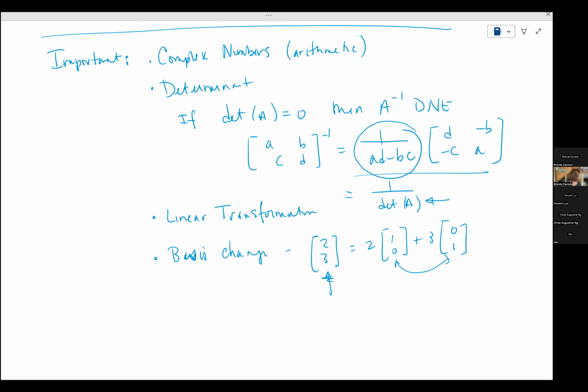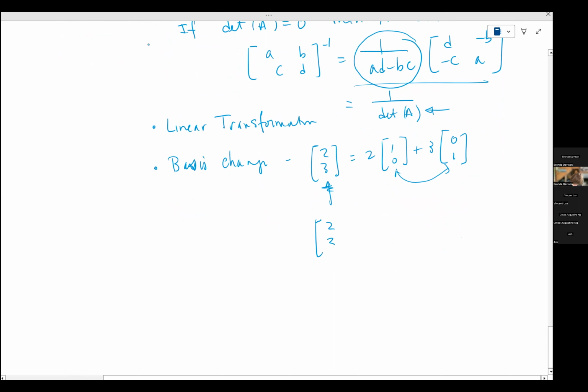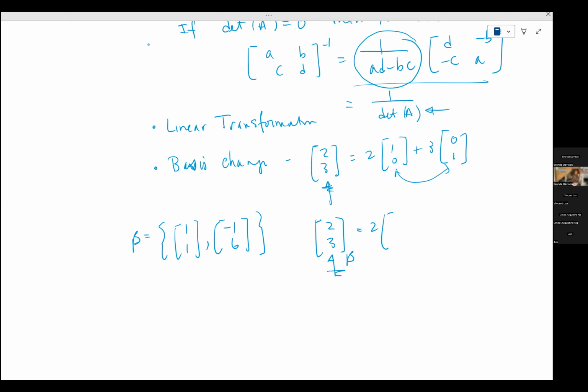We could have 2, 3 relative to basis B, and somewhere we tell what basis B is: 1, 1, and minus 1, 6. So if we're given a basis and a vector relative to this basis, the coordinates mean 2 times (1, 1) plus 3 times (minus 1, 6).